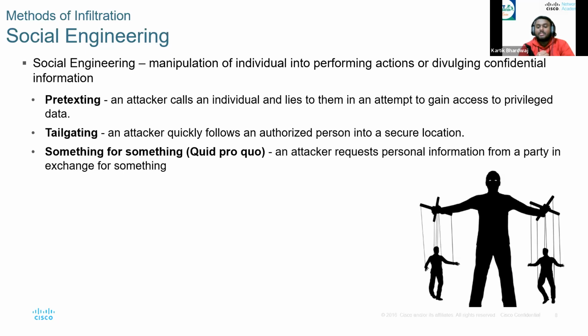There is a scheme going on nowadays, like a KBC call will come to you: congratulations, 25 lakh reward for you from KBC, please provide your Aadhaar card for verification and such. This is an obvious scam. This is called social engineering, where an attacker will call you and manipulate you into divulging your information.